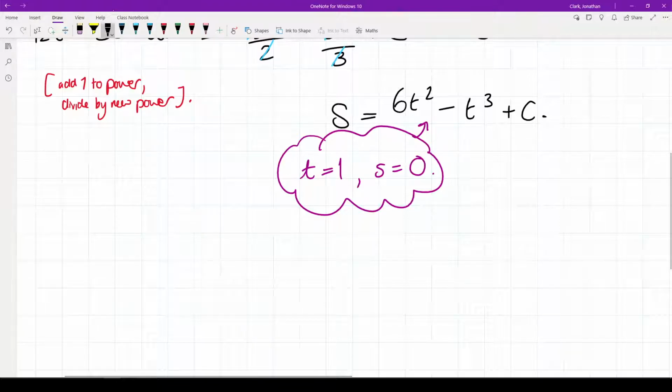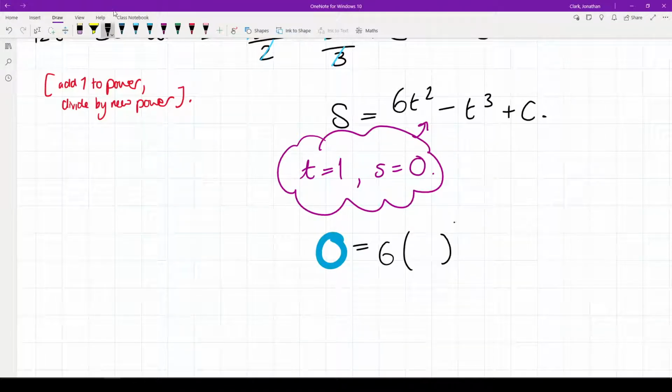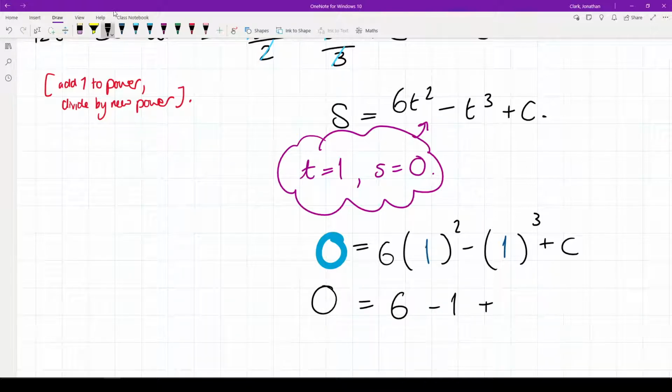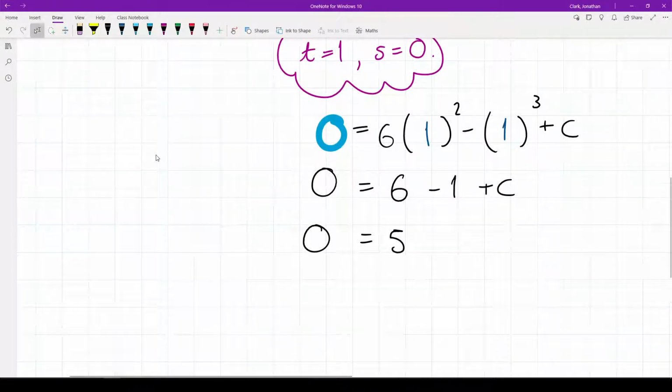So s on the left hand side is going to be 0. We're going to have t is 1 in here and here, and we're going to try and solve this. So this works out as 6, 1, and I believe c is going to work out as -5.